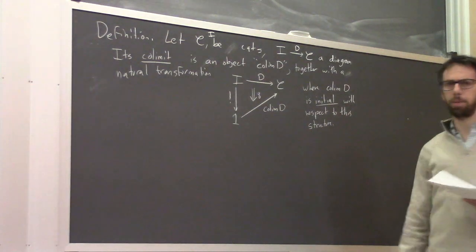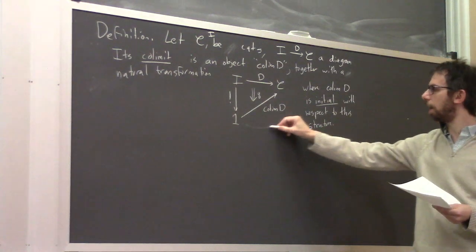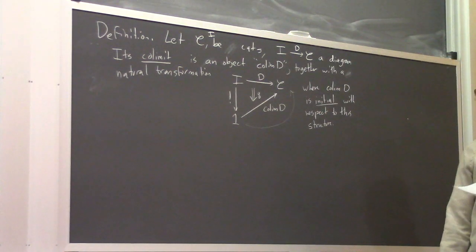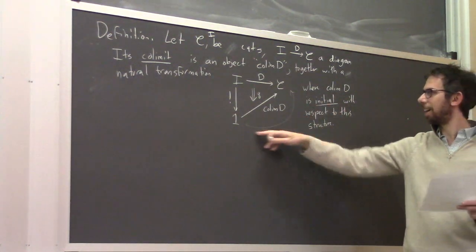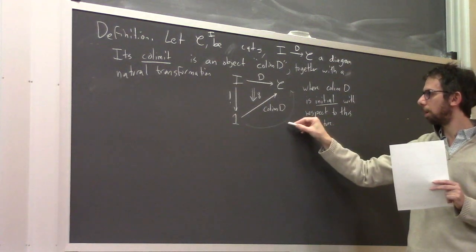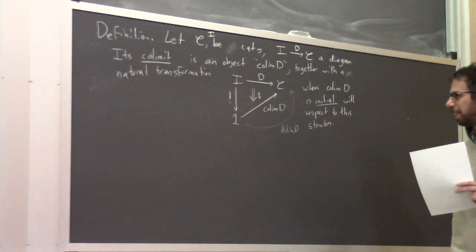I don't know if we've talked much about initial and final objects. But what that means is that for any other thing, if someone comes, the bad guy comes and he, or she, gives us another functor from 1 to C called dolim D, and they think they're the ones.